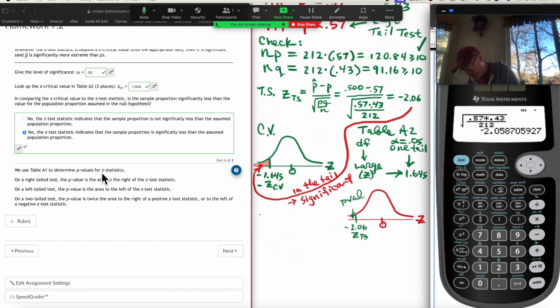So let's grab that table. So we just go for a z-score down to negative 2.06.